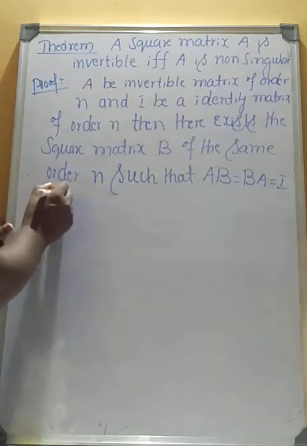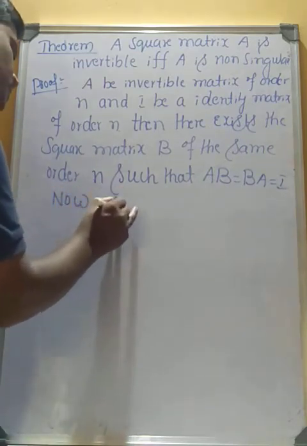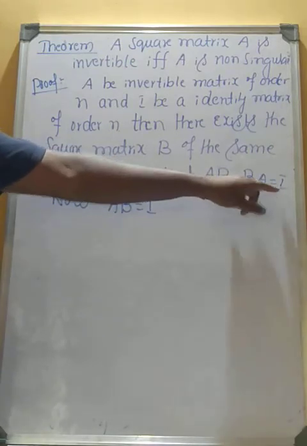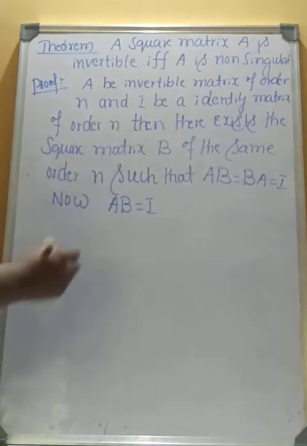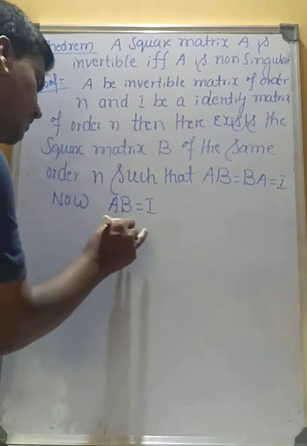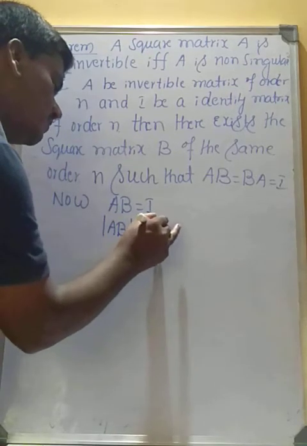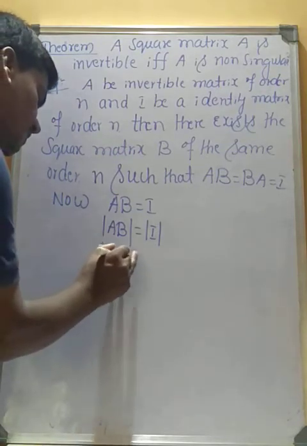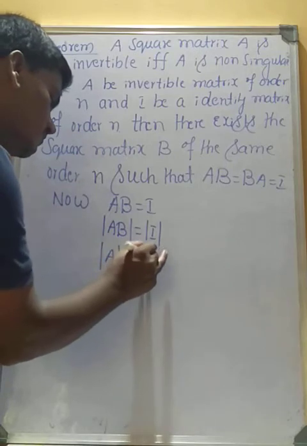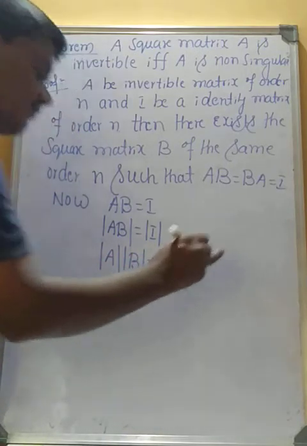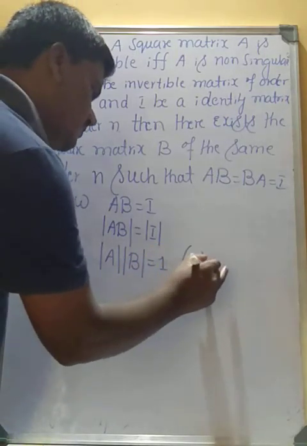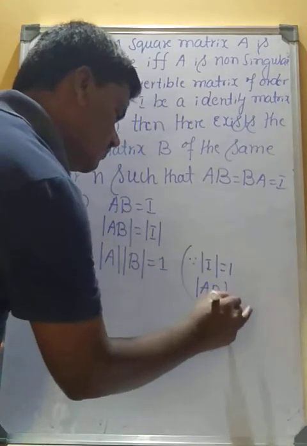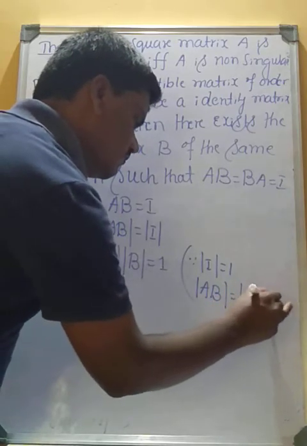So now, AB equals BA equals I. Now AB equals I. Taking determinants on both sides, determinant of AB equals determinant of I. Determinant of AB can be written as determinant of A into determinant of B equals 1, since determinant of I equals 1.